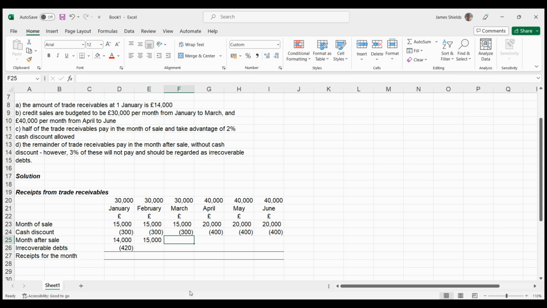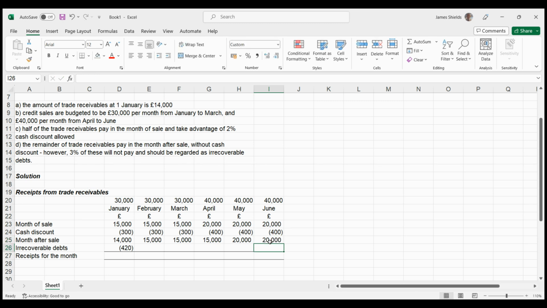For March, it's going to be half of 30,000, which is 15,000. Again in April, it's half of the previous month's 30,000, so that's 15,000 again. In May, it's half the previous month's credit sales. This time they were 40,000, so it's going to be 20,000. Likewise in June, the previous month's credit sales were 40,000, and half of them they're going to receive potentially in June, so that's 20,000 as well.